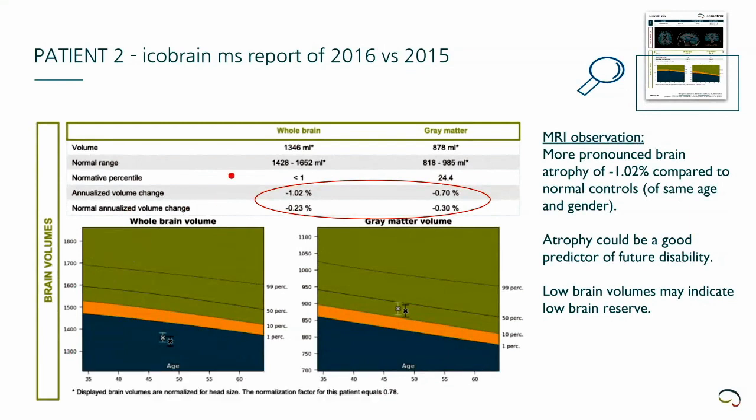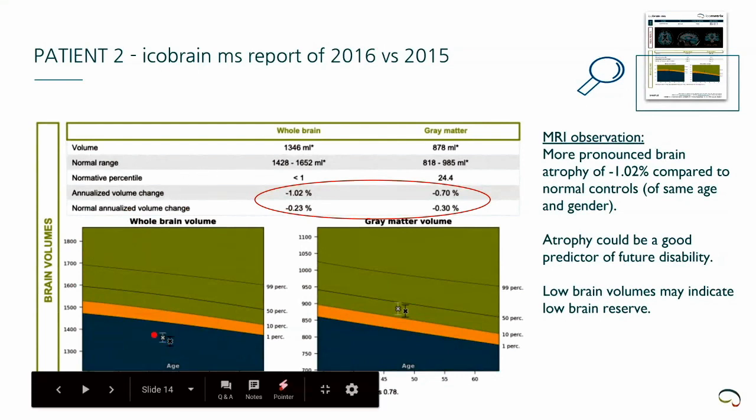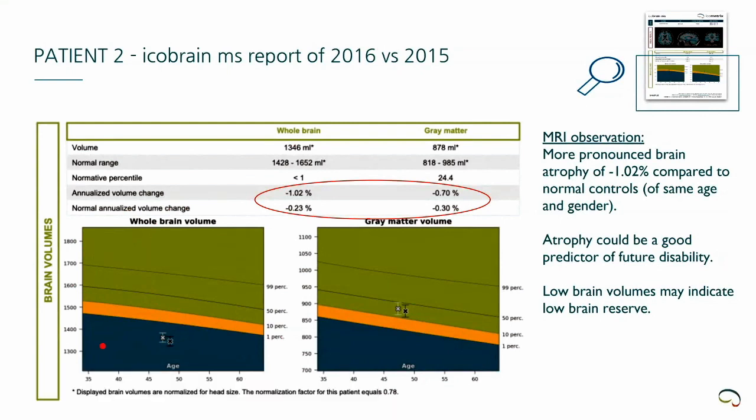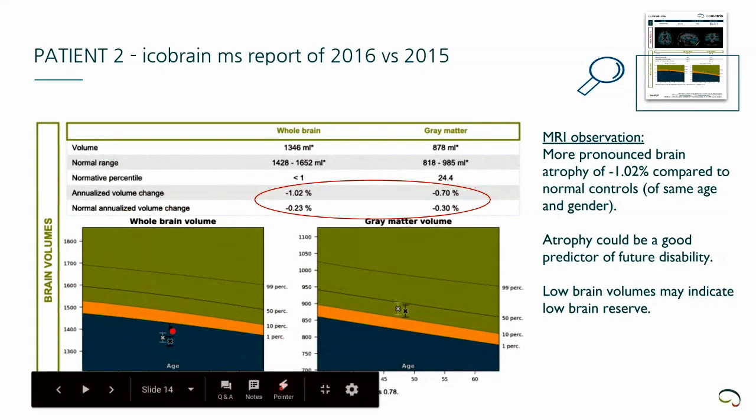And so you see that the two crosses for this patient, for these two measurements, are in the dark blue zone, which is the zone below the first percentile of a normal control group. So that is a quite pronounced brain atrophy, and the brain volume is decreasing further when we compare the two measurements. The gray matter volume was relatively preserved with measurements between the 10th and the 50th percentile.